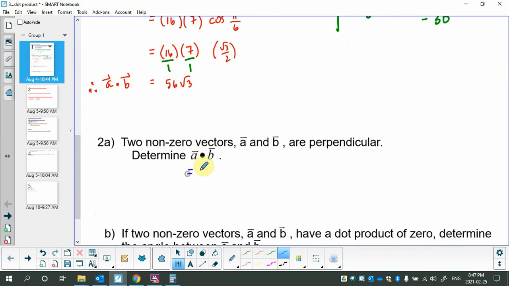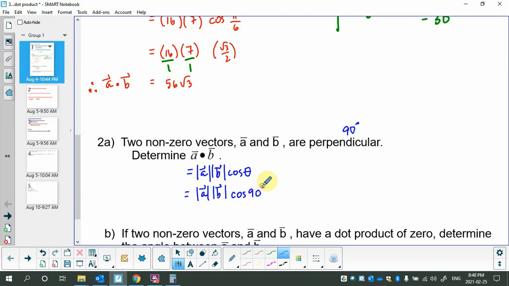So A dot B is the magnitude of A times the magnitude of B times cos of the angle between them. And if these 2 vectors are perpendicular, that's saying they're 90 degrees. So I'm at least going to put that in.